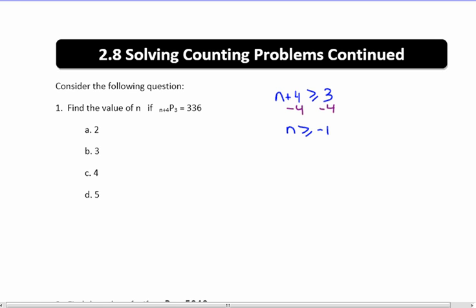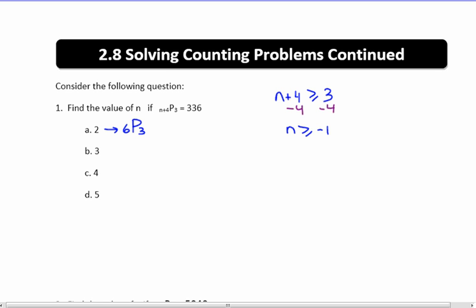Now, if I have a multiple choice question, the easiest way to solve it would be to do what? Plug the values in, okay? So if n is 2, how many objects would we have? If n is 2, how many total objects would we have? 6. It'd be 6, pick 3.